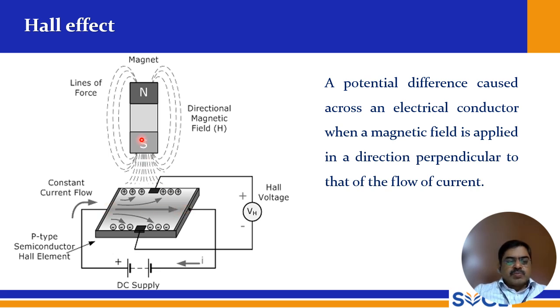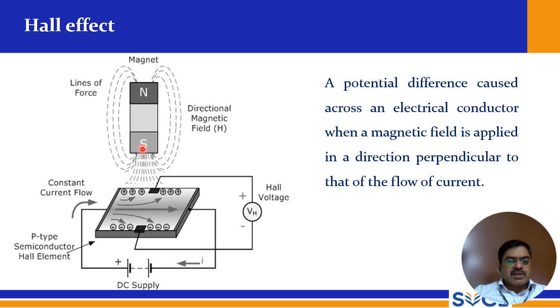Now the south pole of the magnet is brought nearer to the slab, then the electron hole pairs are diffused and they will reach these edges. When you measure across these two terminals with a multimeter or any voltage measuring device, you will get a voltage that is known as Hall voltage. So this is the working principle, and very simple in construction.